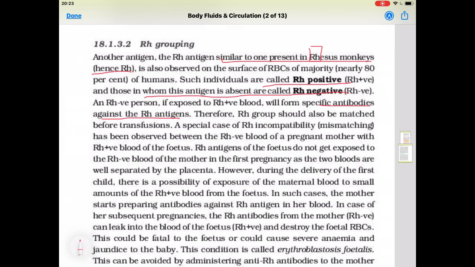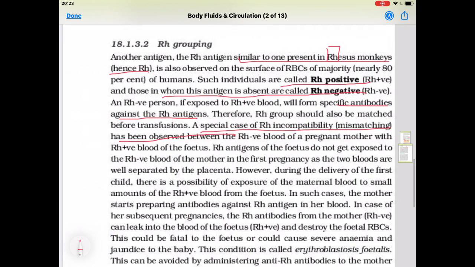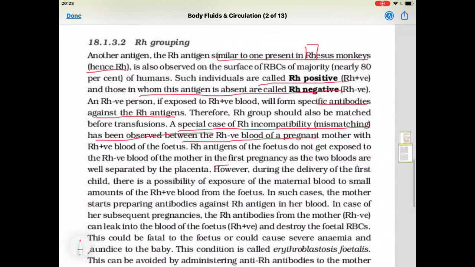A special case of Rh incompatibility, that is mismatching, has been observed between the Rh negative blood of a pregnant mother with the Rh positive blood of the fetus. Now consider one case where mother is Rh negative and father is Rh positive, and the child in the womb of the mother is Rh positive.